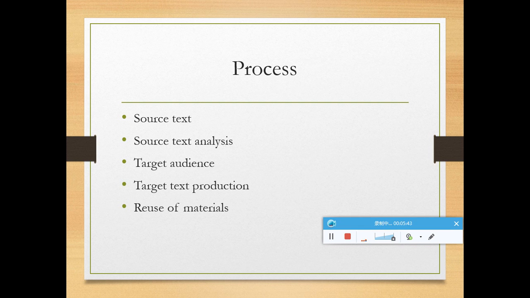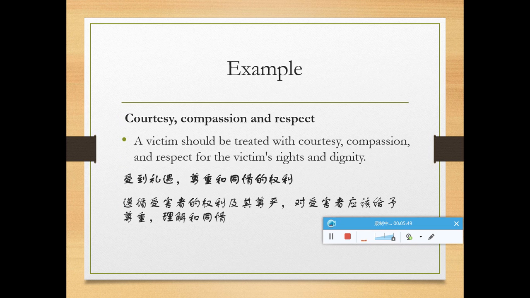What is more, I also need to make good use of the materials. So here are some examples. This one is English to Chinese. It is kind of difficult to translate the title literally into Chinese because the Chinese language system is kind of different from English. In light of this, I put an adverb after the word respect in order to make the whole title follow correct grammar rules in Chinese.